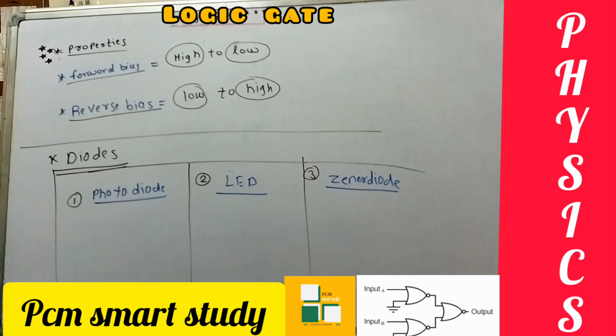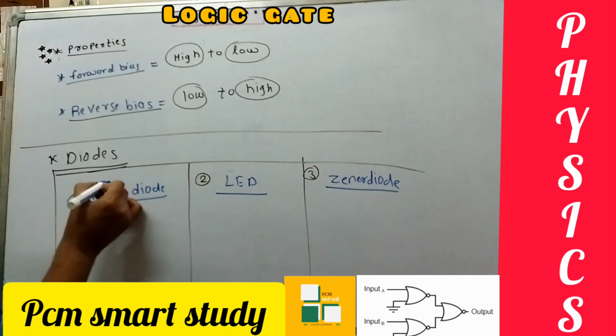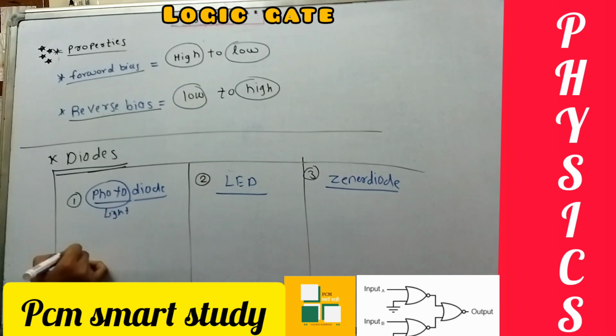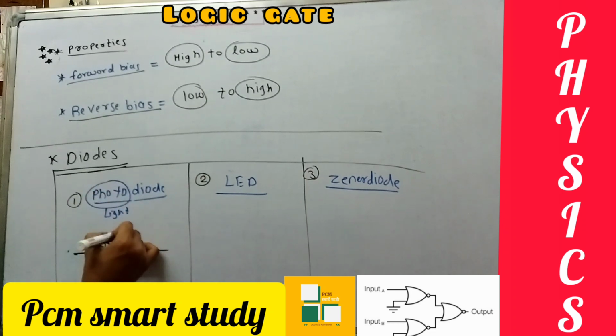Light is falling on it. Next is LED, light emitting diode. Light is emitted outward from the diode. And third is Zener diode. These are 3 diodes and their symbols.